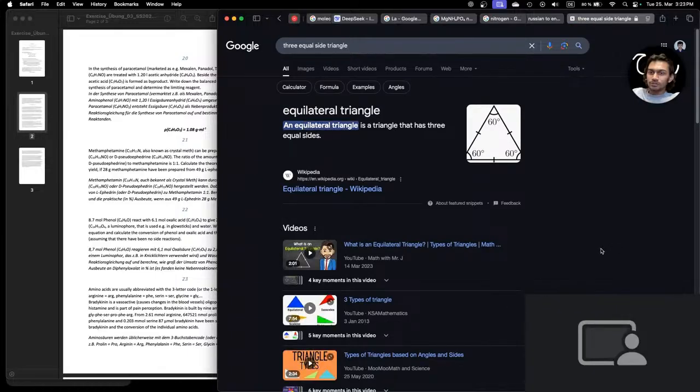That's equilateral triangle. Yeah. Okay, two sides and two angles equal. Yeah. Isosceles, equilateral, and the right angle triangle. I do remember that.